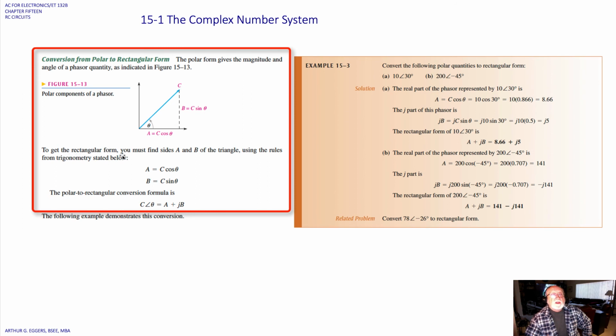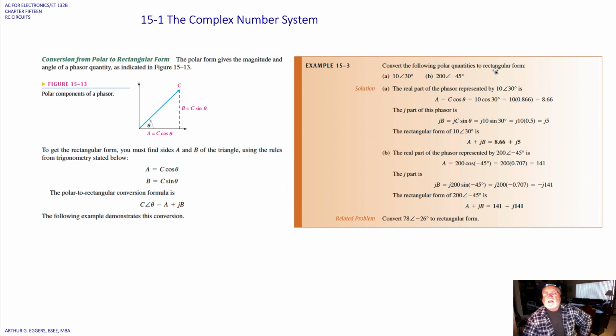So to get the rectangular form, you must find sides A and B of the right triangle using the rules from trigonometry. A is equal to C cosine theta. Side B is equal to C sine theta. The polar to rectangular conversion then is C, the magnitude, at an angle theta, is equal to A plus jB.